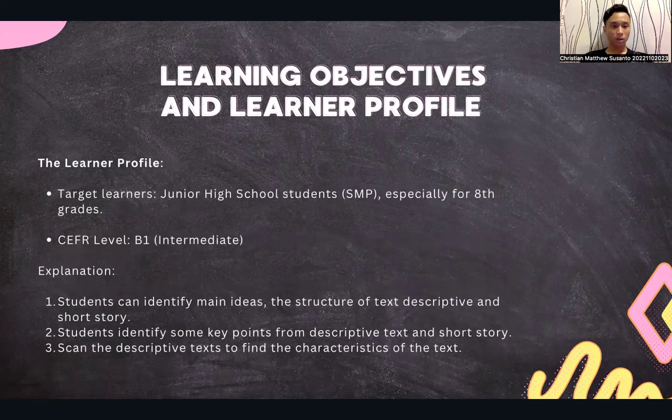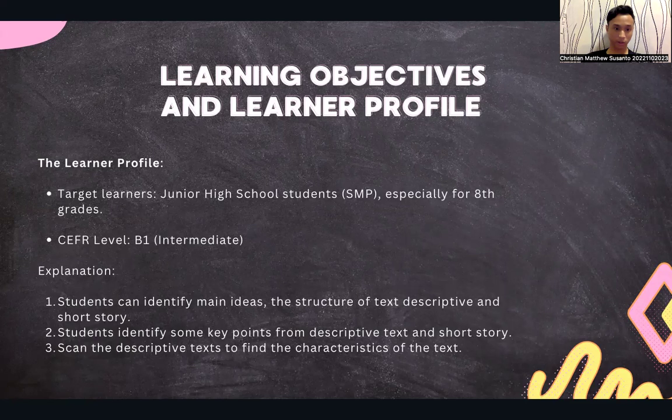Okay. So for the learning profile, the target learners that I'm targeting are junior high school students, or we call it here SMP, especially 8th grade. The CEFR level is B1 or intermediate.